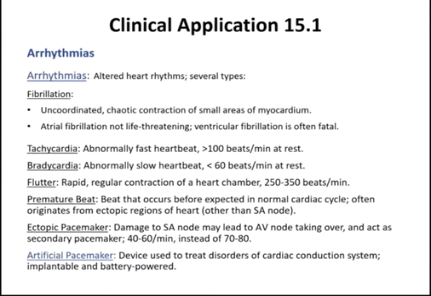We have arrhythmias. Arrhythmia is an altered heartbeat, right? Heart rhythms. You get fibrillation, uncoordinated chaotic contractions in small areas of the myocardium. And we have atrial fibrillation, which is not actually going to be that life-threatening, but if it's in the ventricles, it can often be fatal.